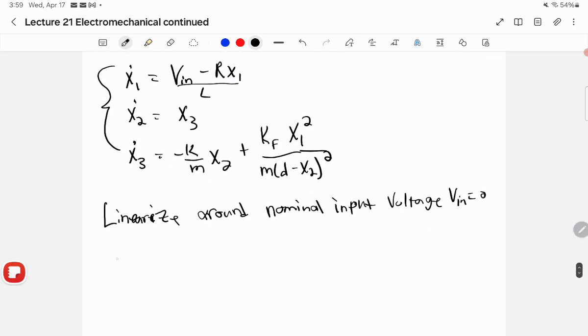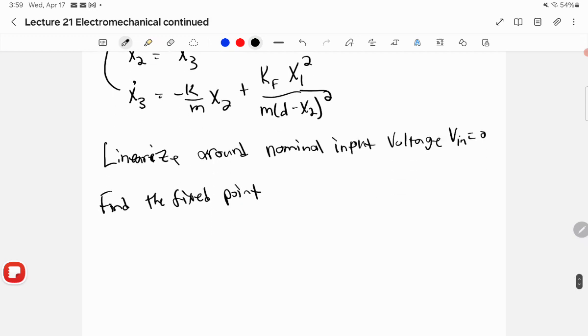So basically, to find the fixed point, we can do this.